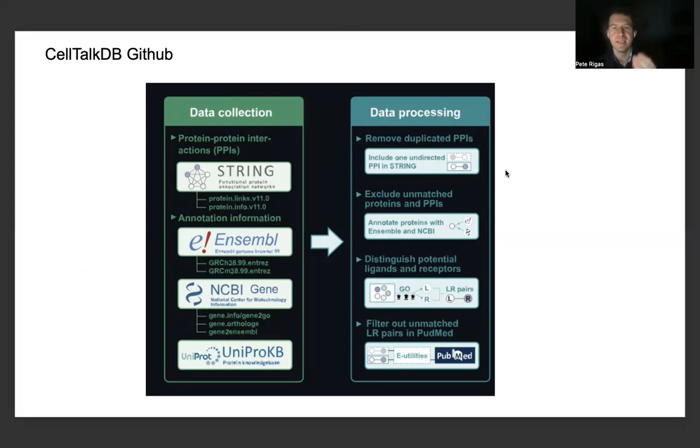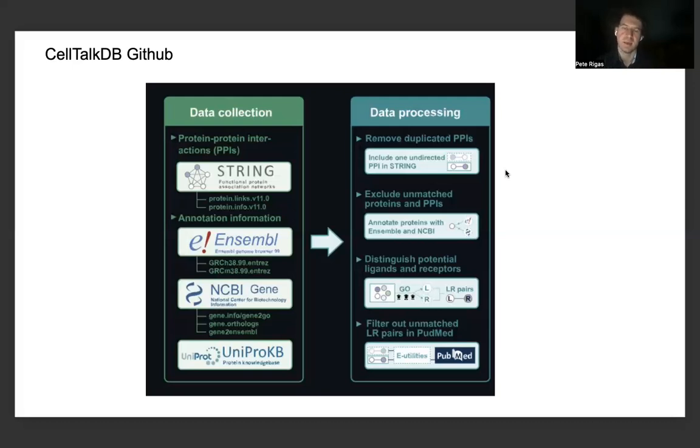For one, in the data collection column indicated on the left-hand side of the slide, through their manual curation of different sequences, they look at protein-protein interactions, and then to characterize more clearly how these proteins interact with one another, they include annotation information, whether from the UniProt KB repository, which is a protein knowledge base, as well as NCBI Gene or Ensembl.